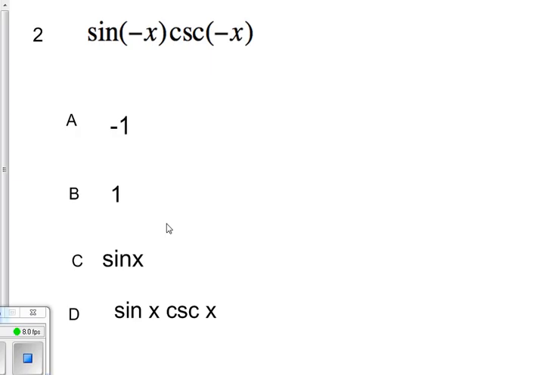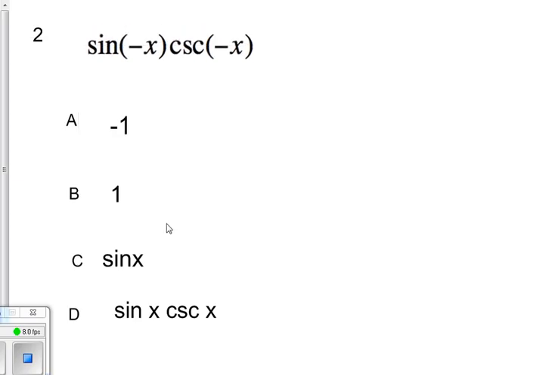Sine is odd, so what happens to the negative? It stays. Cosecant is whose evil twin? Sine's. And since sine's negative, cosecant's also negative. Well, these cancel, but a negative times a negative. So B.